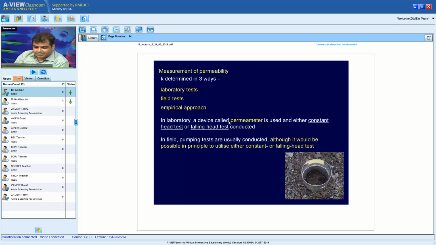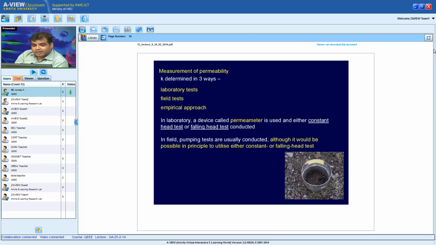I'll repeat the question. The question was whether Darcy's law is valid for colloidal clay. Now Darcy's law is valid for measurement of permeability right down to 10 to the power of minus 11, 12.